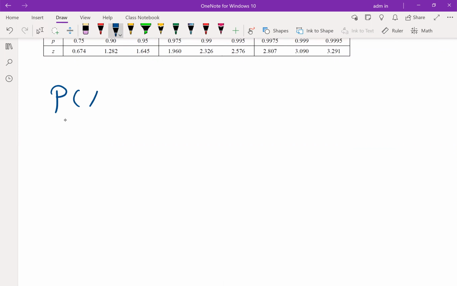Probability of x less than 1.23. What about if it is x more than 1.23?